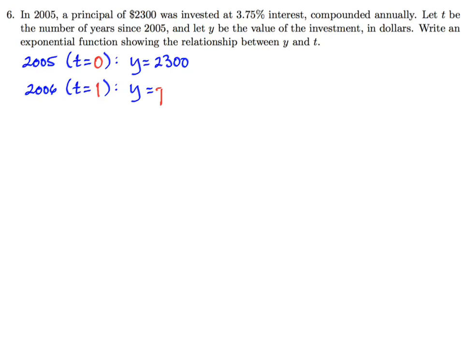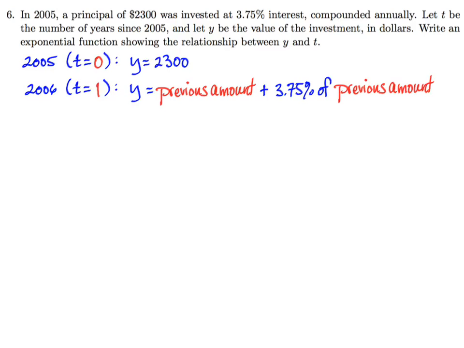Well, it's going to be the previous year's amount plus 3.75% of that previous year's amount, okay? Because it's interest on the previous year that's being added to the previous year.